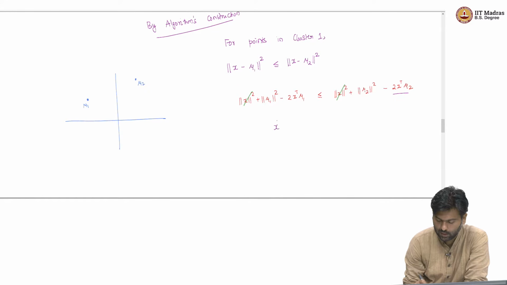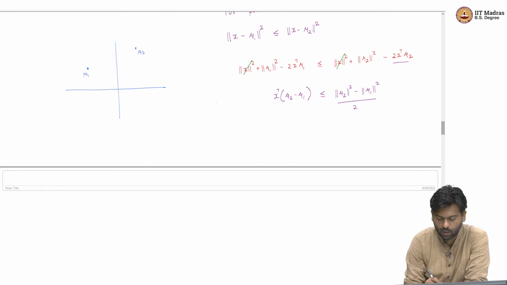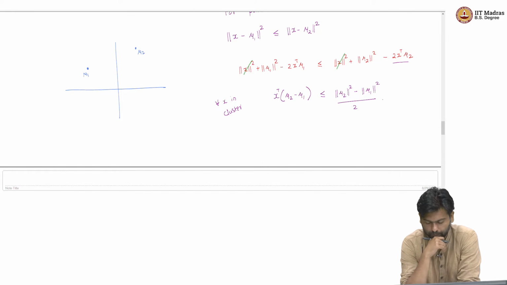What results is that x transpose (mu2 minus mu1) is less than or equal to (mu2 squared minus mu1 squared) by 2. This must be satisfied for all x in cluster 1, simply because the distance of the points to mu1 is less than to mu2.